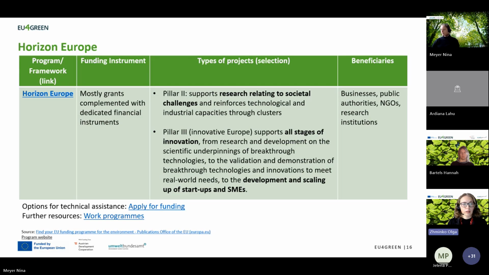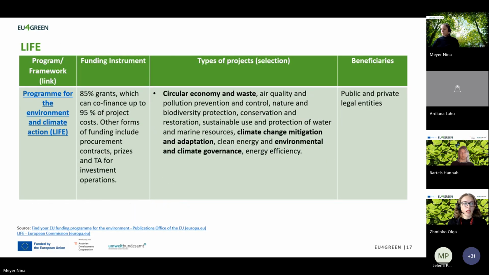And then when we look at the LIFE program, the general objective of which is to contribute to the shift towards a sustainable, circular, energy efficient, renewable energy based, climate neutral and resilient economy.